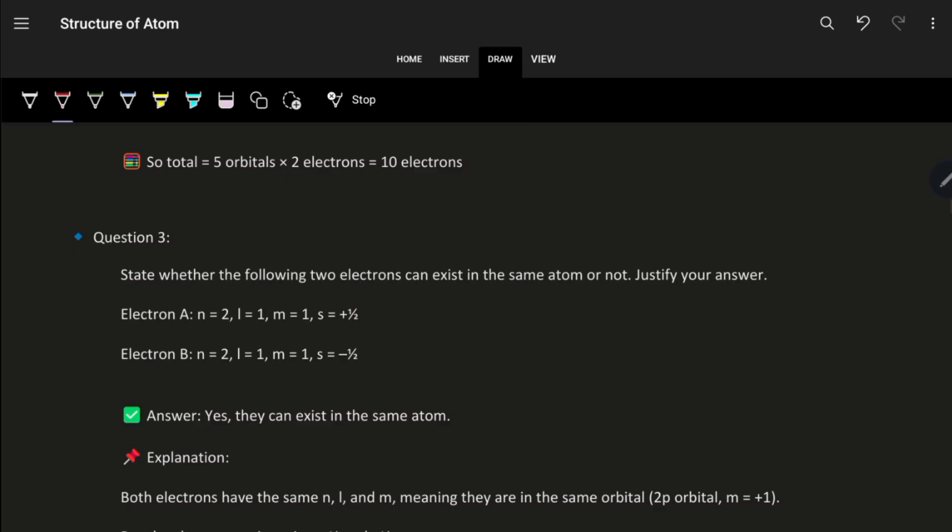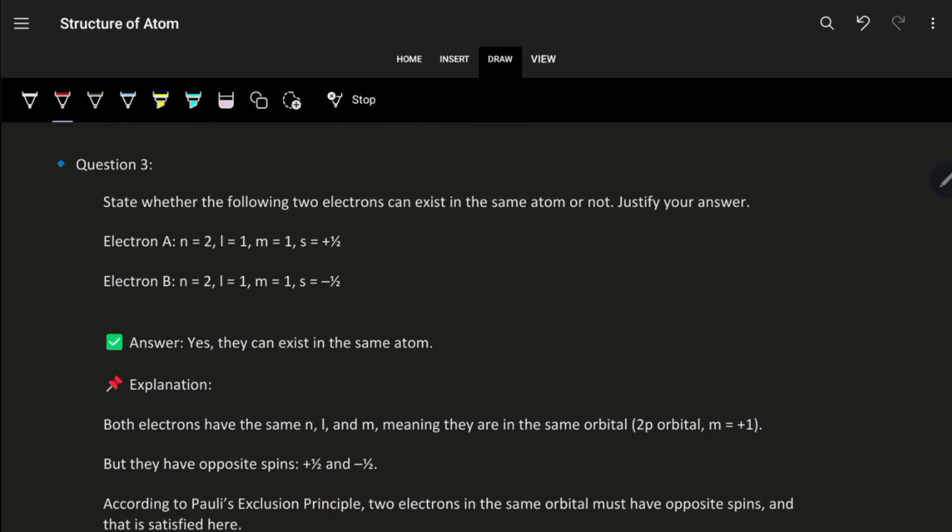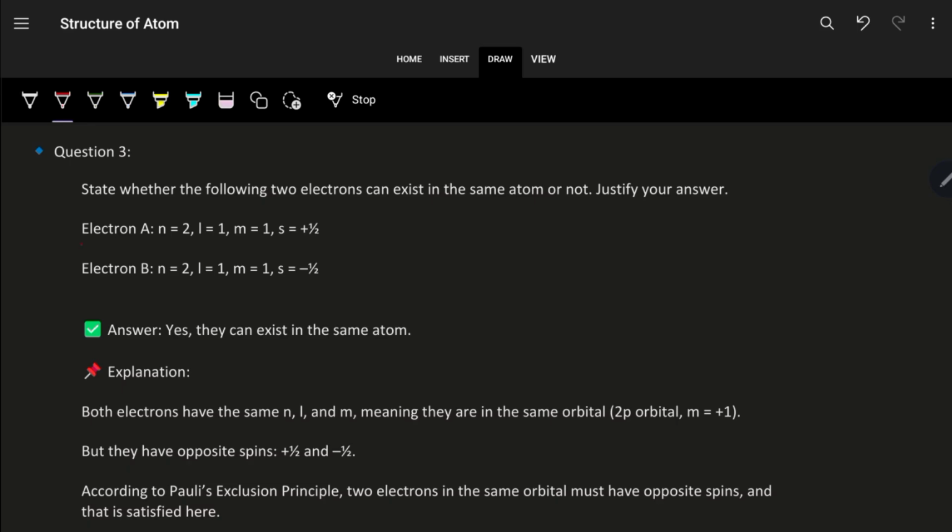Next, moving on to question number 3. State whether the following 2 electrons can exist in the same atom or not. I have to justify. I have said first electron A, n equal to 2, l equal to 1. That means what? It is 2p.